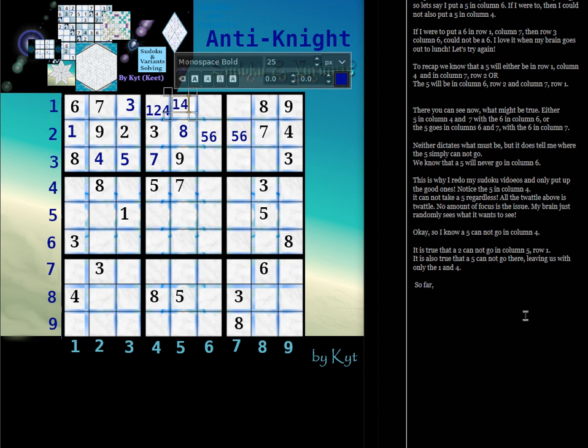So far, column 6 can have a 1, 2, 4, and 5. And column 7 can have a 1, 2, 5.